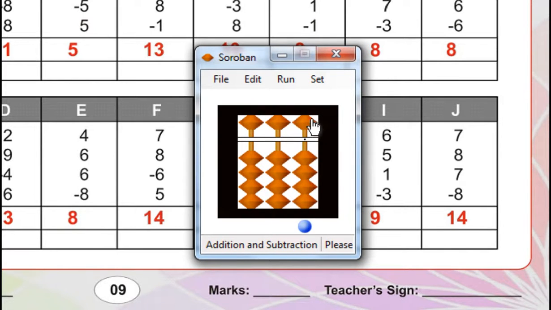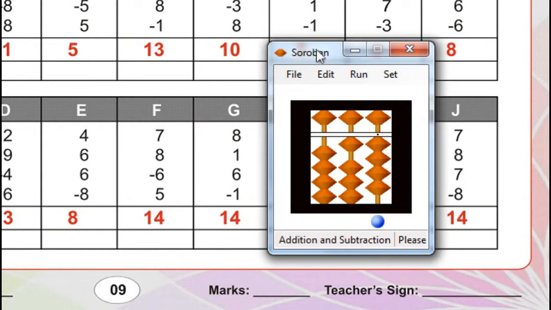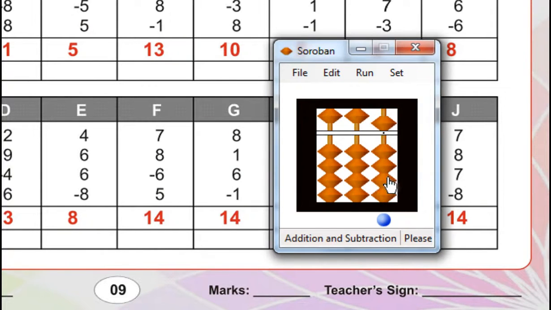Next, 7 plus 8, for that plus 10 minus 2 minus 6, for that minus 10 plus 4 plus 5, for that plus 10 minus 5. Answer is 14. Next, 8 plus 1 plus 6, for that plus 10 minus 4 minus 1, for that minus 5 plus 4. Answer is 14.